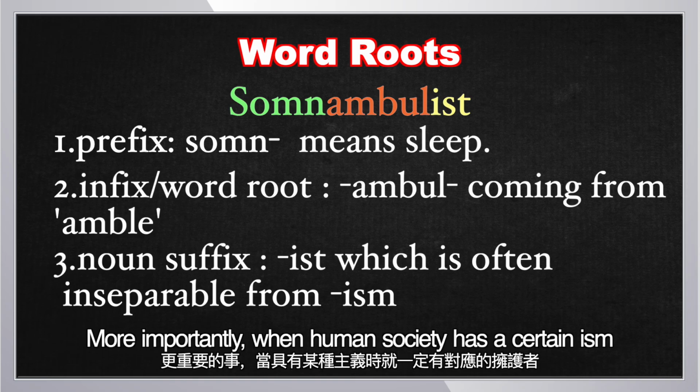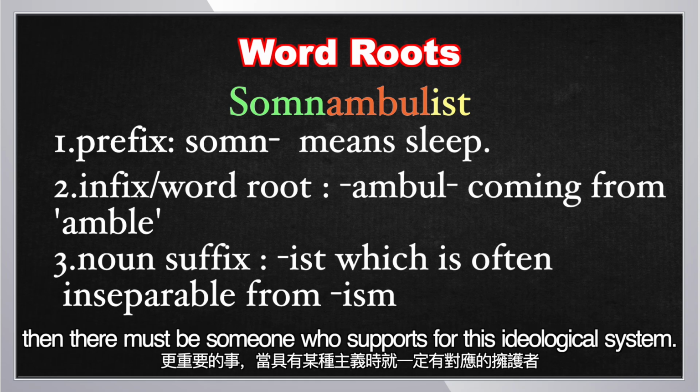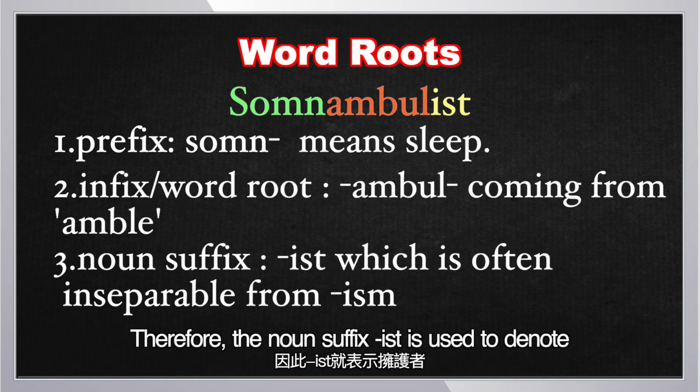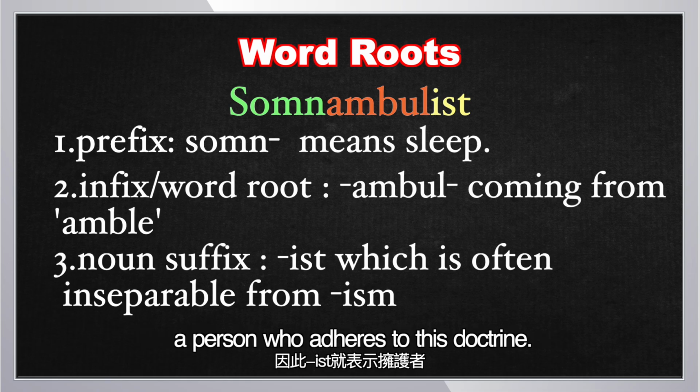More importantly, when human society has a certain ism, then there must be someone who supports this ideological system. Therefore, the noun suffix ist is used to denote a person who adheres to this doctrine.